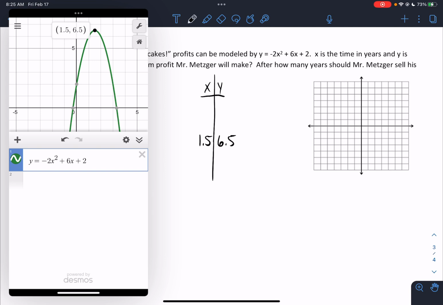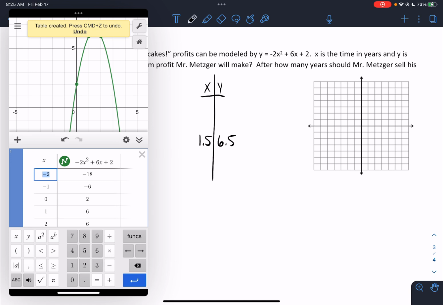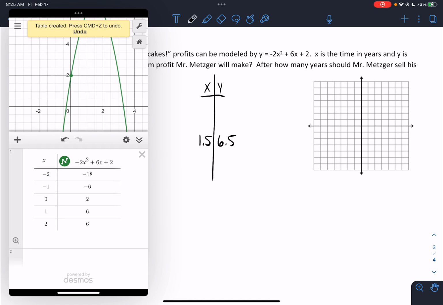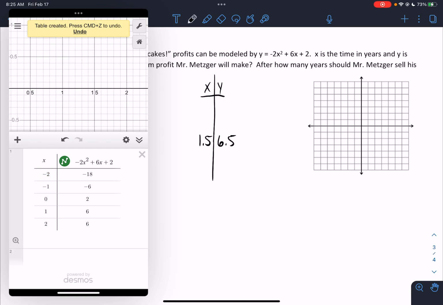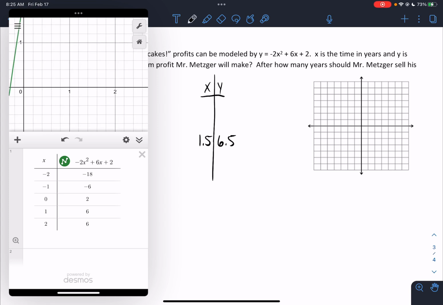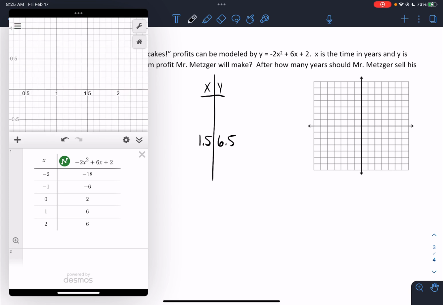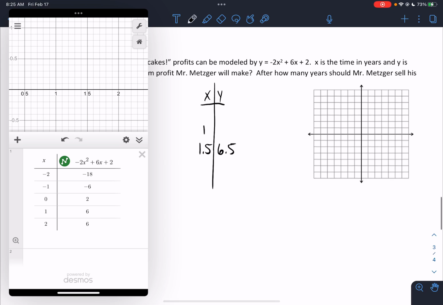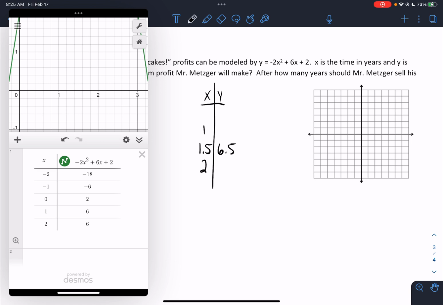There's my vertex. 1.5 is right there on my graph, so I want to find the two whole numbers next to it. I'll have 1 on one side and 2 on the other, and next to 1 would be 0, and next to 2 would be 3.